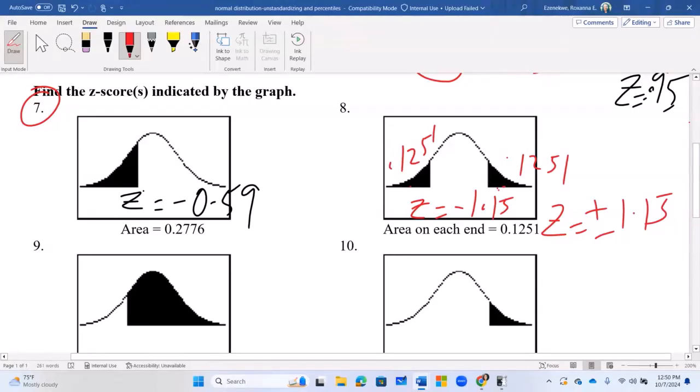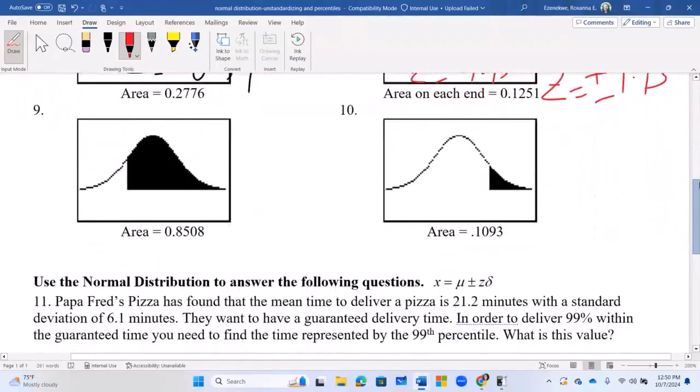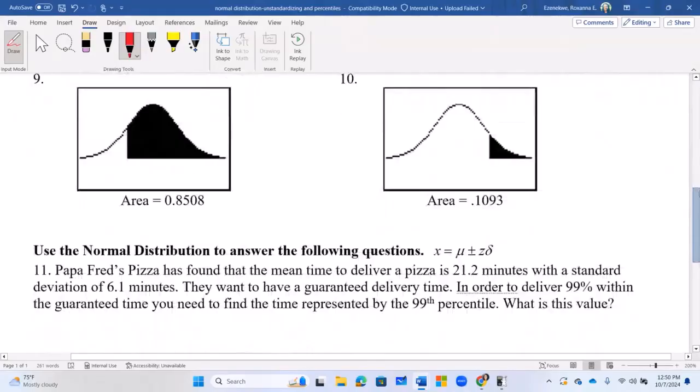So we can use this z-score to find percentile, or we can use the calculator to find percentile. When I'm given area to the right, that is not percentile.